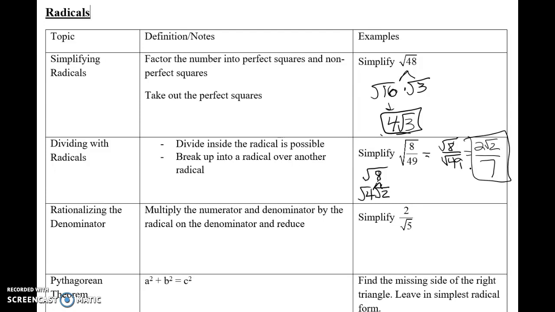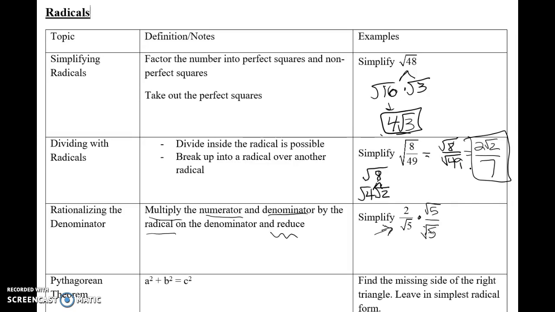Rationalizing. Now we're not allowed to keep radicals in the denominator. Okay, this is not a simplified form. So what you want to do is multiply both the numerator and the denominator by the radical that's in the denominator, and don't forget to reduce. So I have radical 5 in the denominator, so I'm going to multiply both the top and bottom by radical 5.